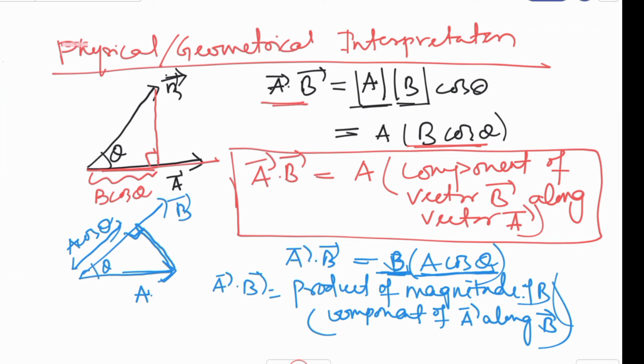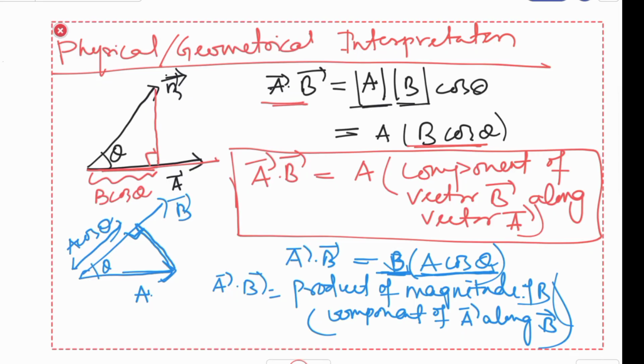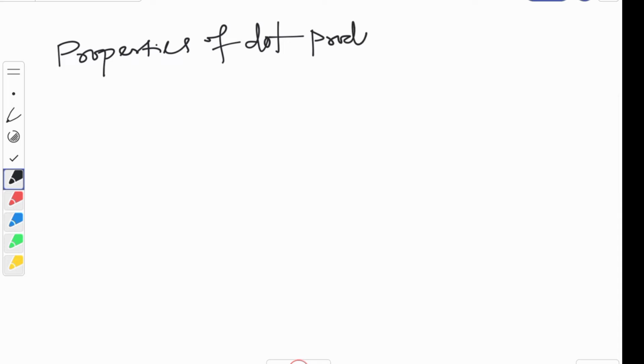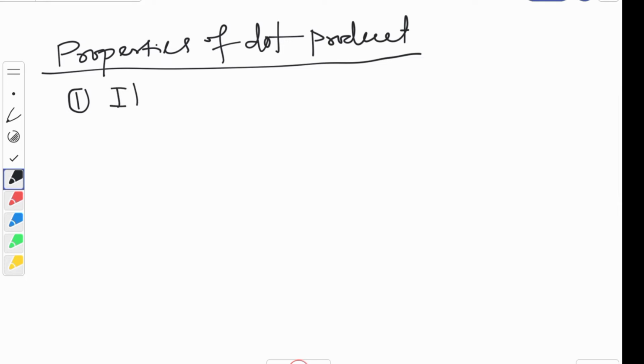Now we'll move to the properties of the dot product. We'll discuss them one by one. They are easy and very simple. Maybe you will find the cross product a little tricky, but the dot product is very easy, and very important. First, the dot product is commutative in nature.